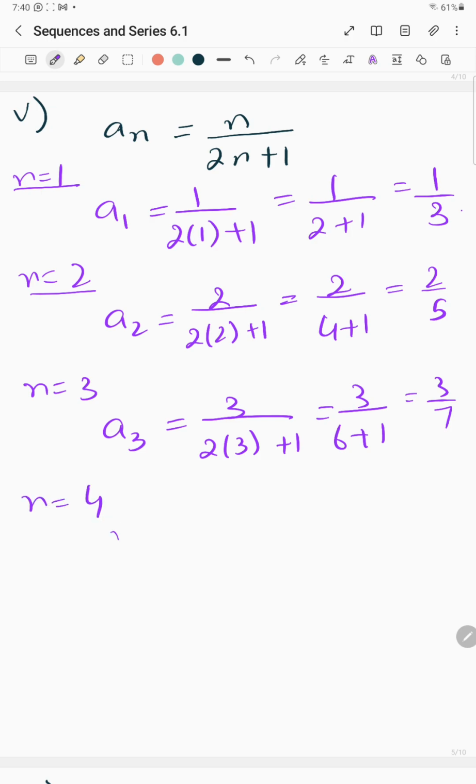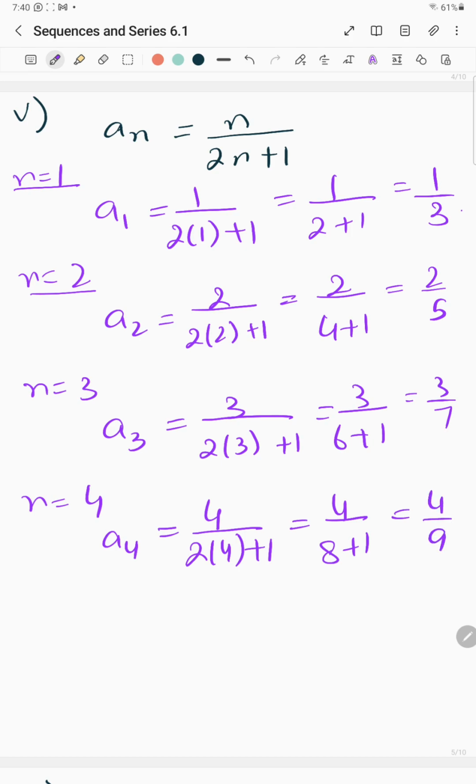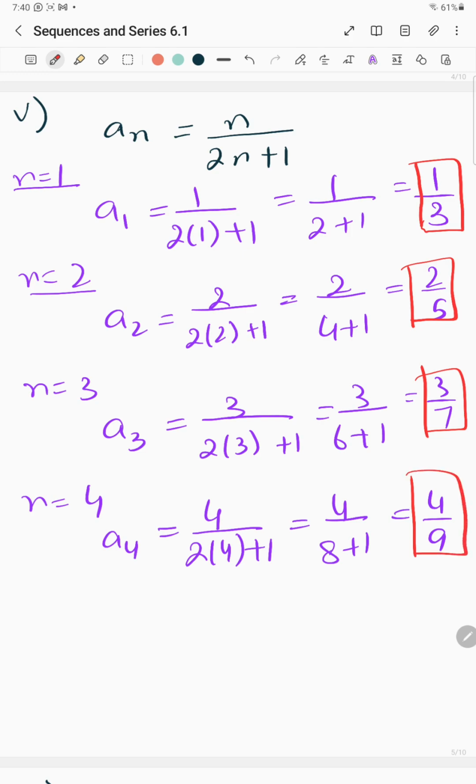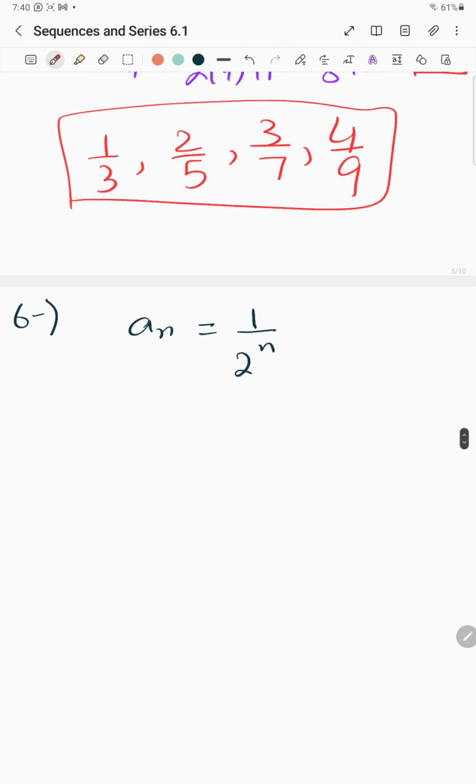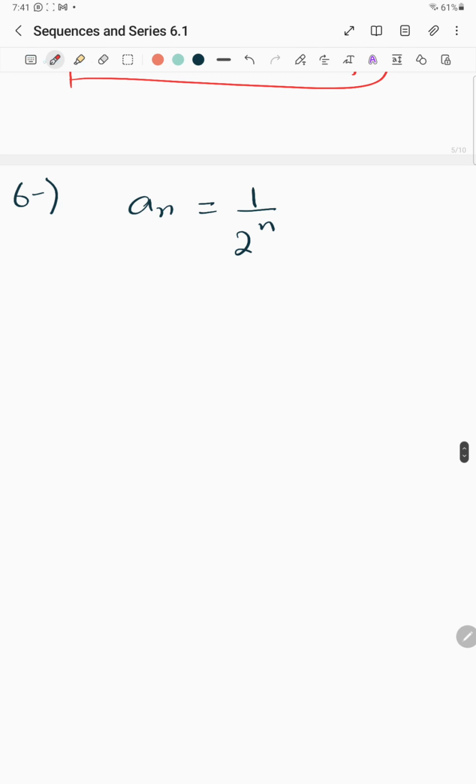N is equal to 4, a4, 4 over 9. Okay. So the sequence we have generated is 1 by 3, 2 by 5, 3 by 7, 4 by 9. Question number 6.